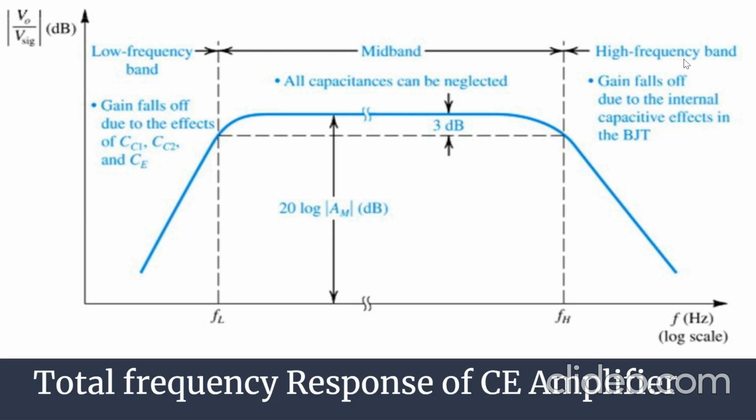In the high frequency band, the gain falls off due to the internal capacitive effects present in the BJT. Only in mid-band can the capacitance be neglected. Here the y-axis represents the voltage gain in dB and the x-axis represents the frequency in hertz, and we are considering a log scale.